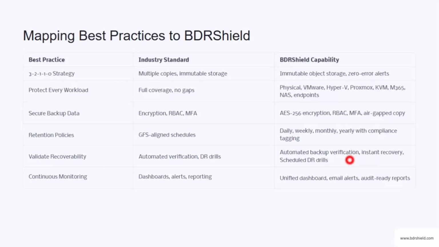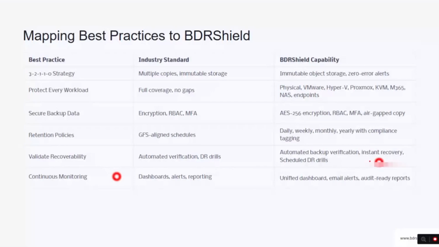In BDRShield, we ensure an RTO of less than 15 minutes. You can instantly boot it up as a virtual machine, or when you have taken an image-based backup, you can even perform a disk mount to restore any particular file or folder that is required. Even a granular recovery at times would be easier for you to run your business. Those instant recoveries are something BDRShield provides, so it validates your recoverability.